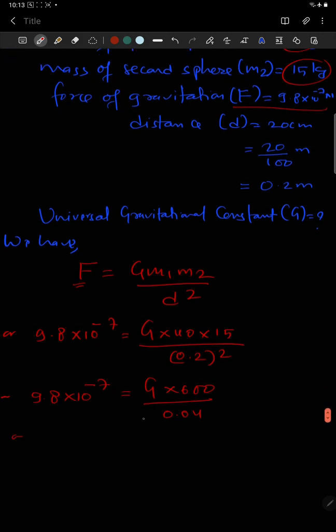Now when you bring 0.04 to the left hand side, it will multiply, so it becomes 9.8 into 10 to the power minus 7 into 0.04 equals G times 600 on the right hand side. Since we are going to calculate G, let's change the sides.